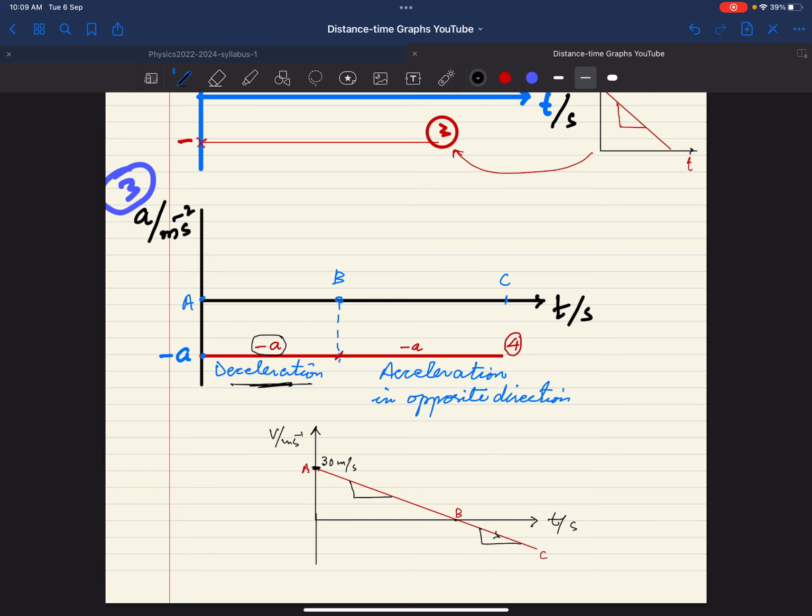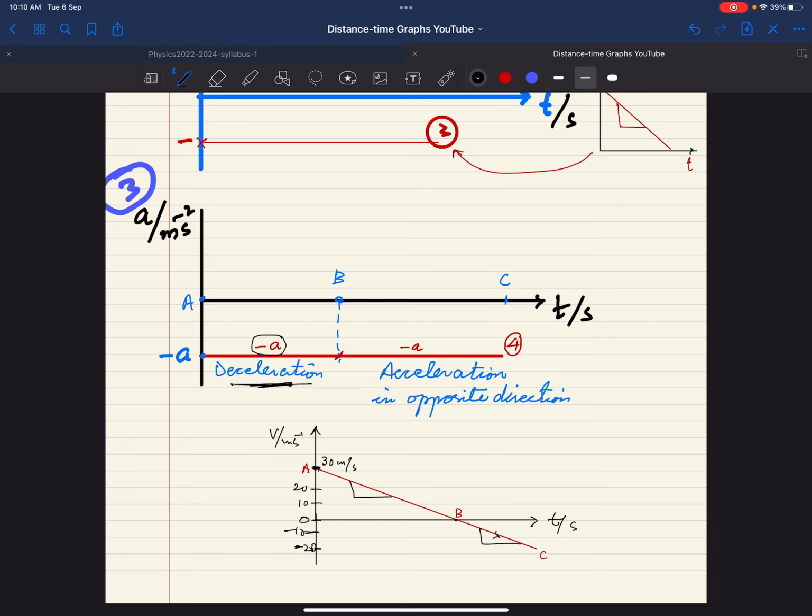But on the other hand, if you go from B to C, you are still getting the same gradient, the negative gradient, but this time the negative velocity, the velocity value, is increasing but in the opposite direction. Negative velocity is very important to understand. Negative velocity means not the decrease in velocity, but the direction is also indicated by the negative sign.